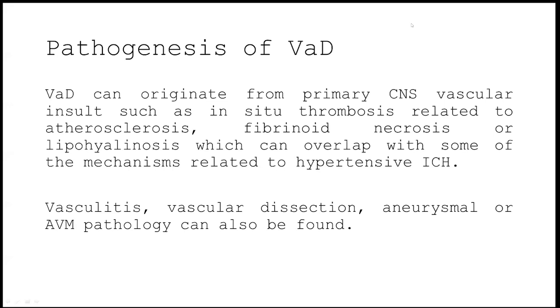Other primarily vascular pathology, such as inflammatory conditions, vasculitis, tear in the intimal or the endothelium in vascular territory, vascular dissection, aneurysmal dilatation, or anatomical malformations, arteriovenous malformations, can also be found. That's all part and parcel of the underlying components of vascular dementia.